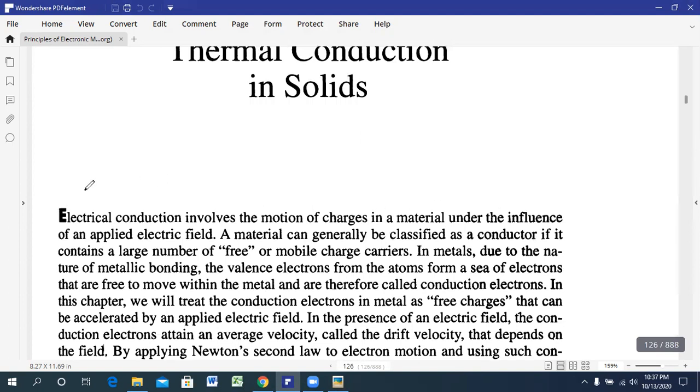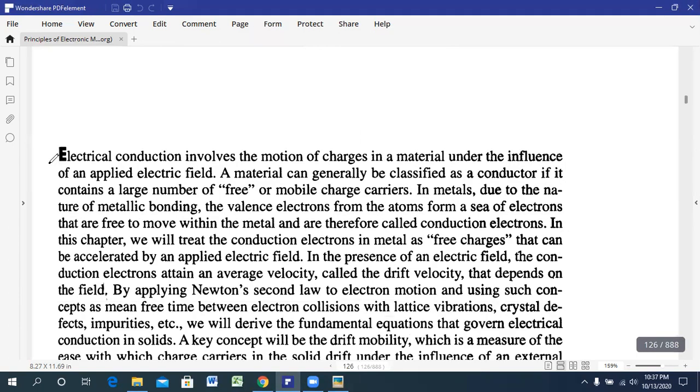So first of all, you will find that the first one is electrical conduction. Electrical conduction involves the motion of charges in a material under the influence of an electric field.